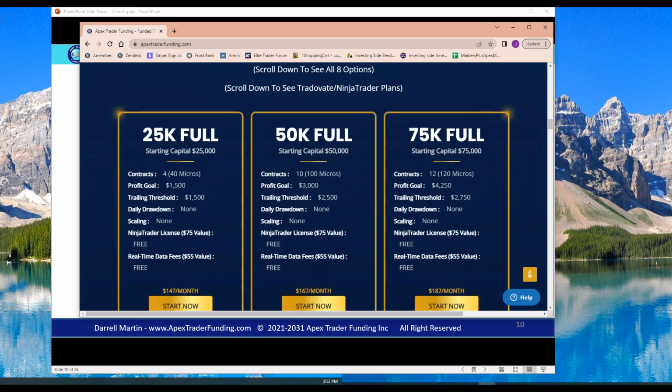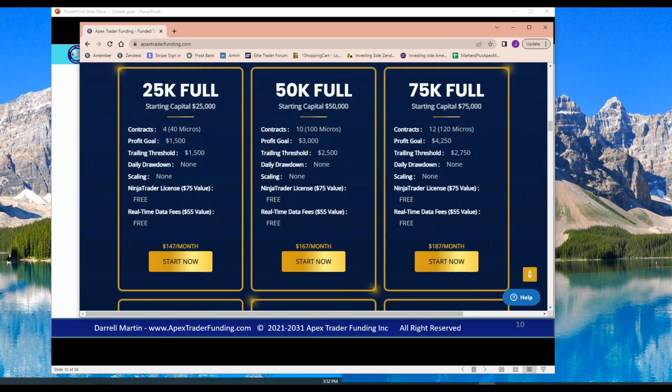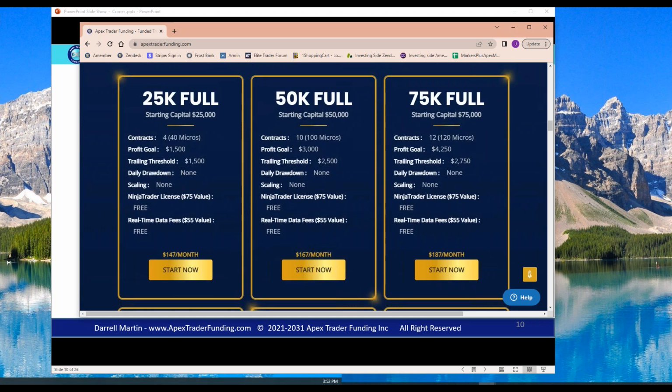But for example, if you sign up for this $50,000 account here through Rhythmic, you get the Rhythmic license key that gives you the data feed. You get a free license key to NinjaTrader. There's nothing else you need. There are no other fees or hidden fees. It gives you everything you need.